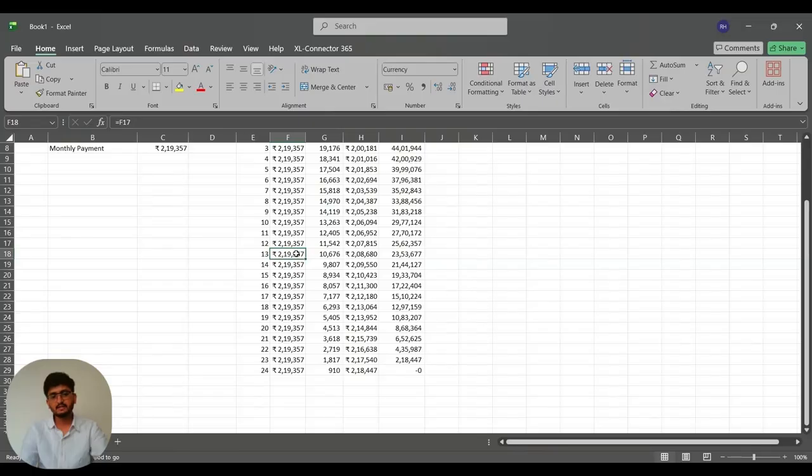When we minus 2,19,357 minus 10,676, we'll get the actual principal amount we are paying. 10,676 is the interest we are paying. Then when we deduct the 10,676, we'll get the actual principal amount. Actual principal amount we are paying is 2,08,680 rupees.